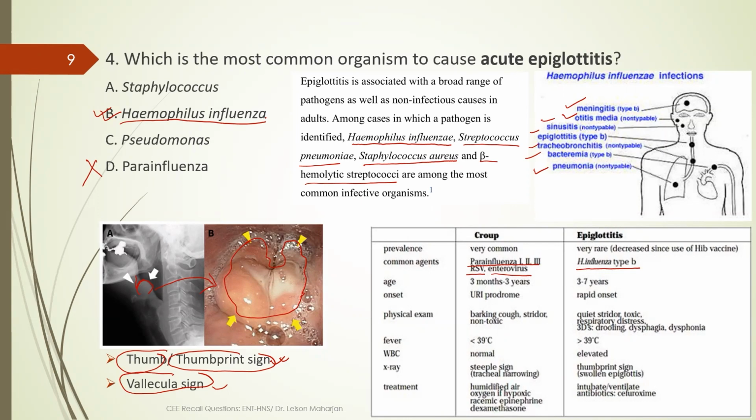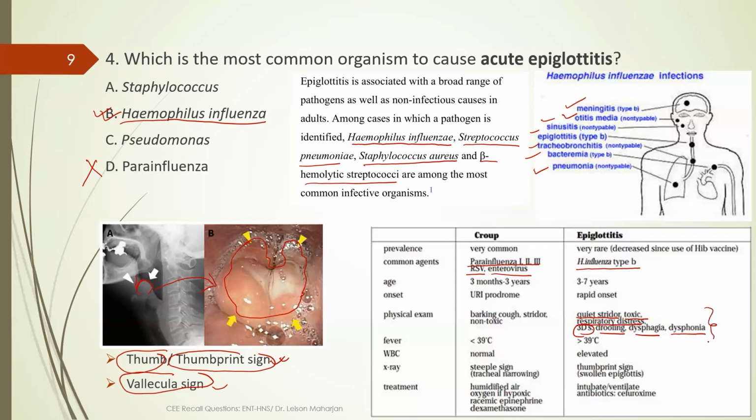Other questions that can be made from this chapter: usually whenever there is some question made from epiglottitis, it is described as a patient having stridor, patient being toxic, and patient in distress, and the 3Ds: drooling, dysphagia, and dysphonia. So these kinds of hints we have to be very careful about in the questions.